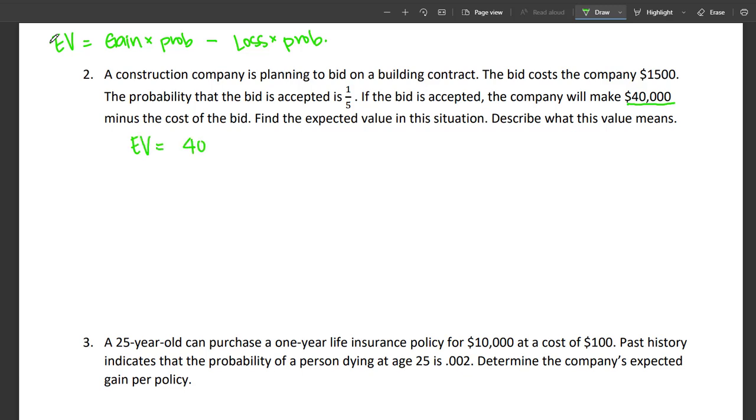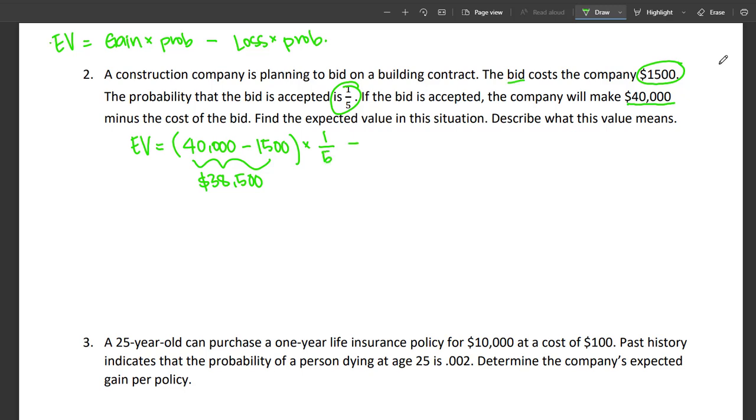So $40,000 is what they will gain. But we can't forget that we put in $1,500 for this bid. So we have to take that $1,500 out. So this is what we gain. We end up gaining $38,500. And then we're going to multiply our gain by its probability. So the probability that the bid is accepted is 1/5.